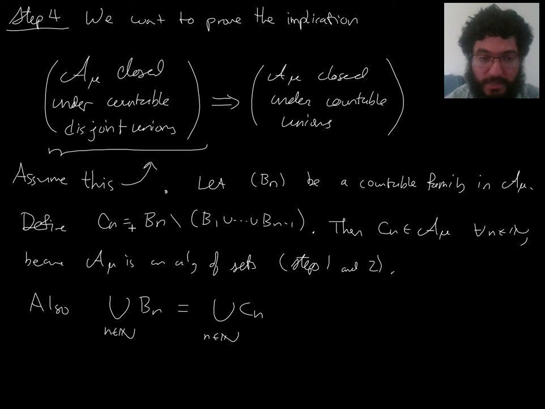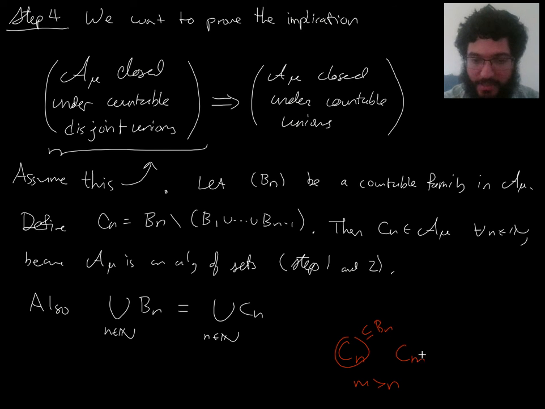And also the C_n's are pairwise disjoint, right? If you take C_n and C_m, and let's say m is greater than n, then C_n is a subset of B_n, which is literally one of the things that got deleted in our definition of C_m. C_m is B_m, delete the union of B1 through B_{m-1}. So if m is greater than n, then C_n is contained in B_n, which is literally one of these things that we deleted here. So C_n and C_m would be disjoint.